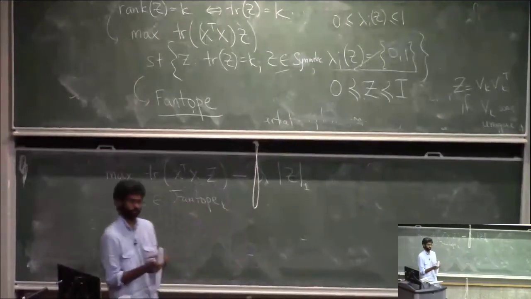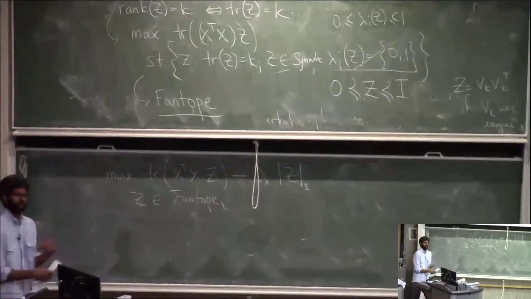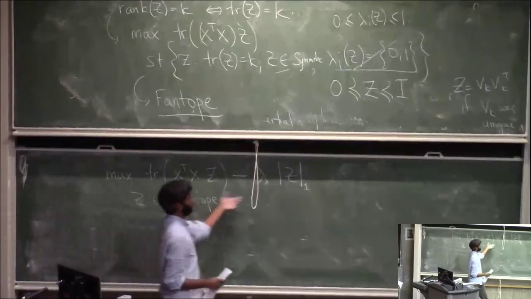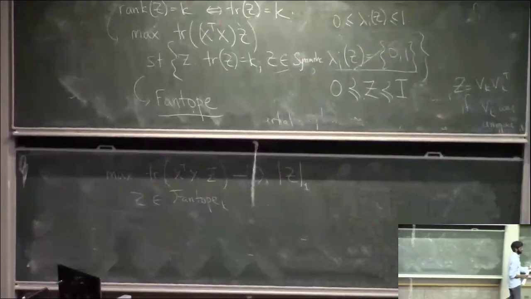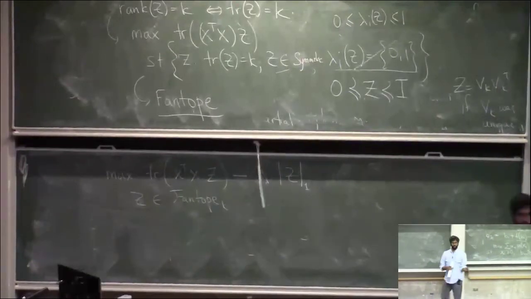Relaxing it to a convex problem gives you some insight into how you might think about regularizing the problem. And at least in the unconstrained case, it turns out that the relaxation is tight.